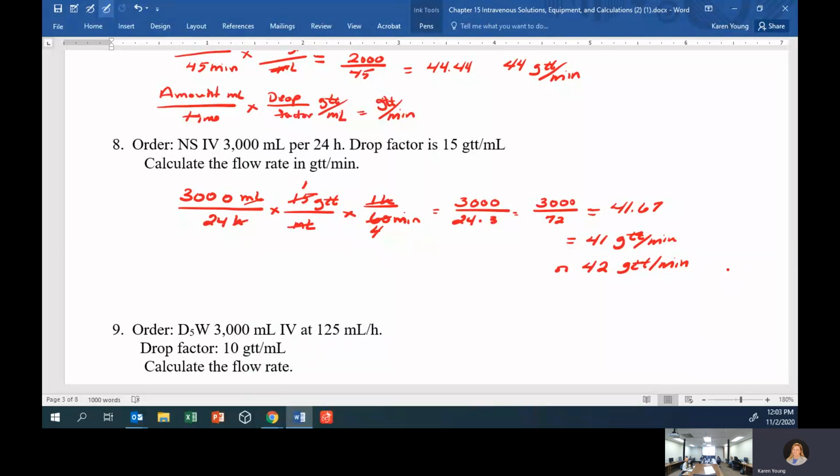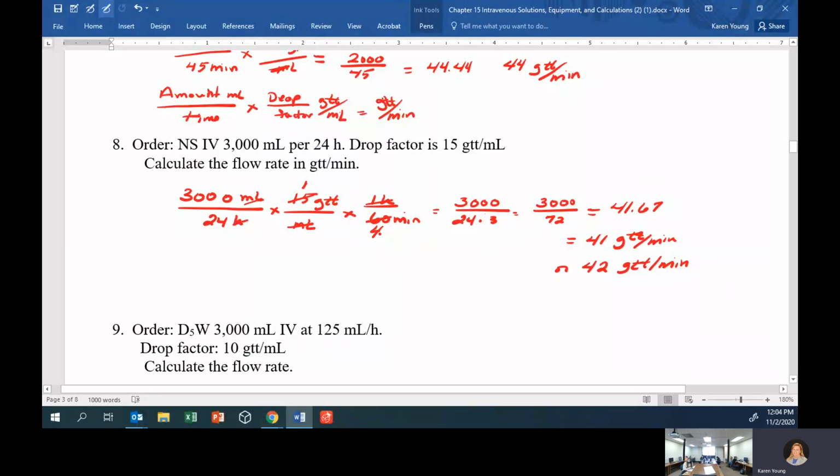Okay, so did we get the same thing? 41 or 42 drops per minute? How many? I got 31. What did you? Okay. Oh, hang on a minute. Can y'all figure out what I did wrong? Yeah, you put a 72 instead of 60 maybe?